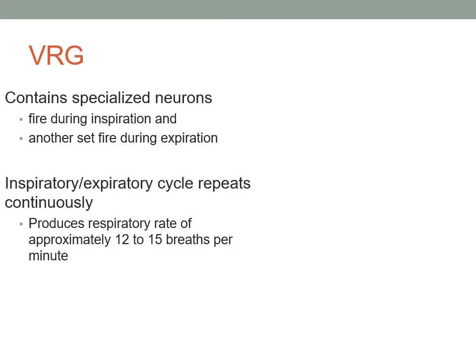When the ventral respiratory group's expiratory neurons fire, the inspiratory muscles relax. The lungs recoil and expiration occurs passively. This inspiratory and expiratory cycle repeats continuously and produces a rate of about 12 to 15 breaths per minute.